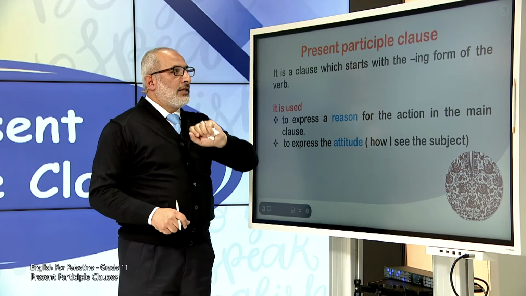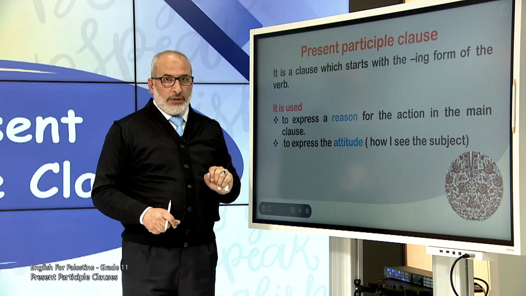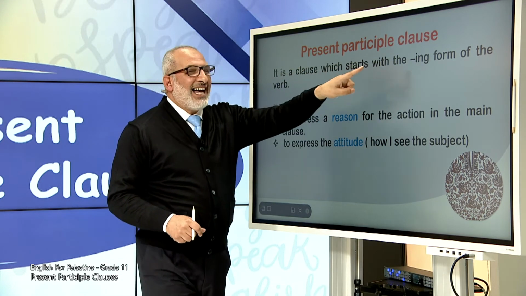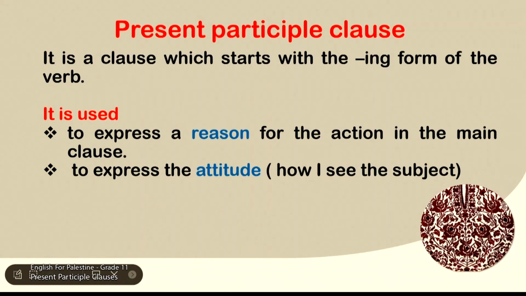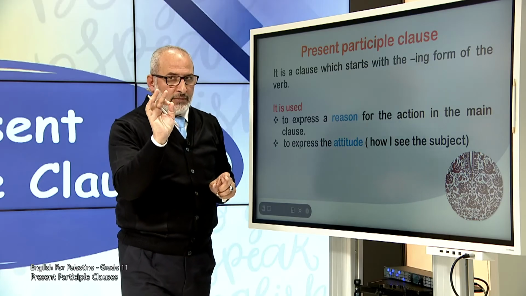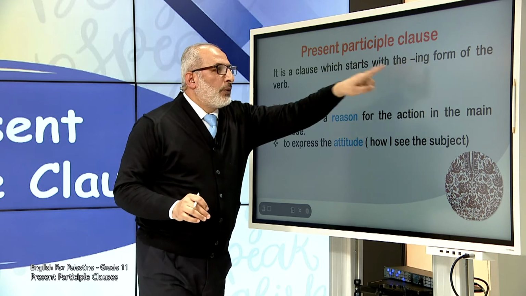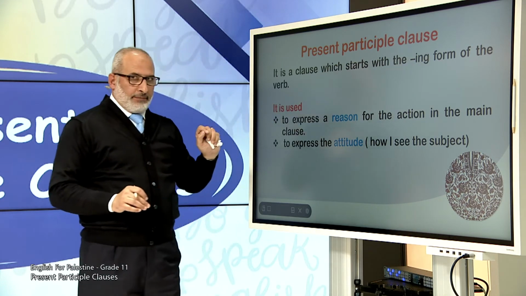What is a present participle clause? It is a clause which starts with the ing form of the verb. Remember, it is a dependent clause.